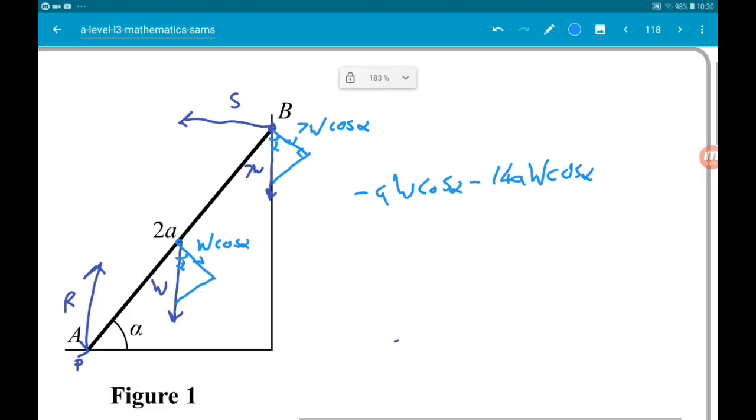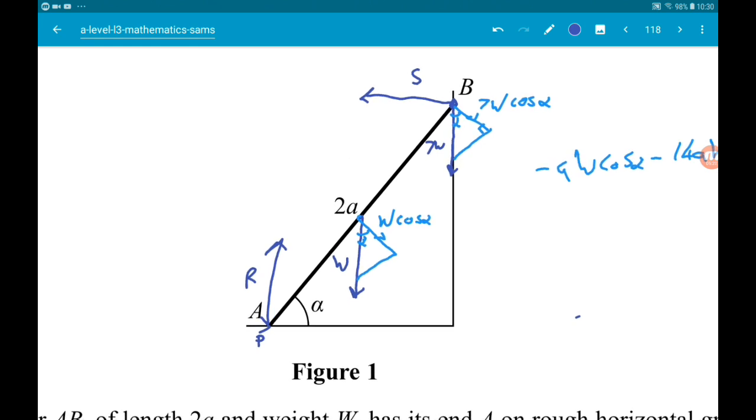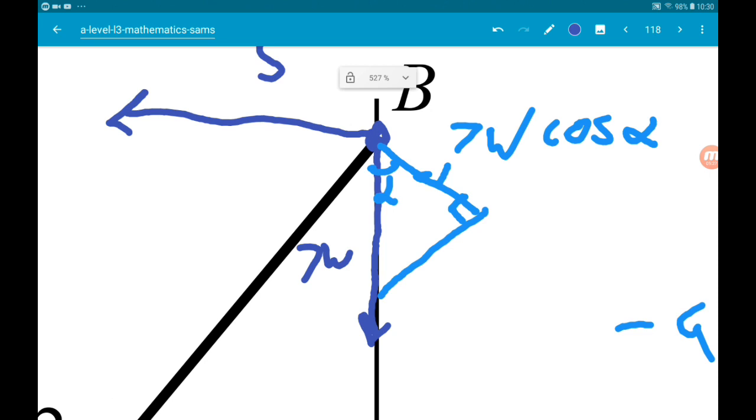Okay, so now we need to find the moment being applied by the wall. So we know by alternate angles that this angle here is also alpha.